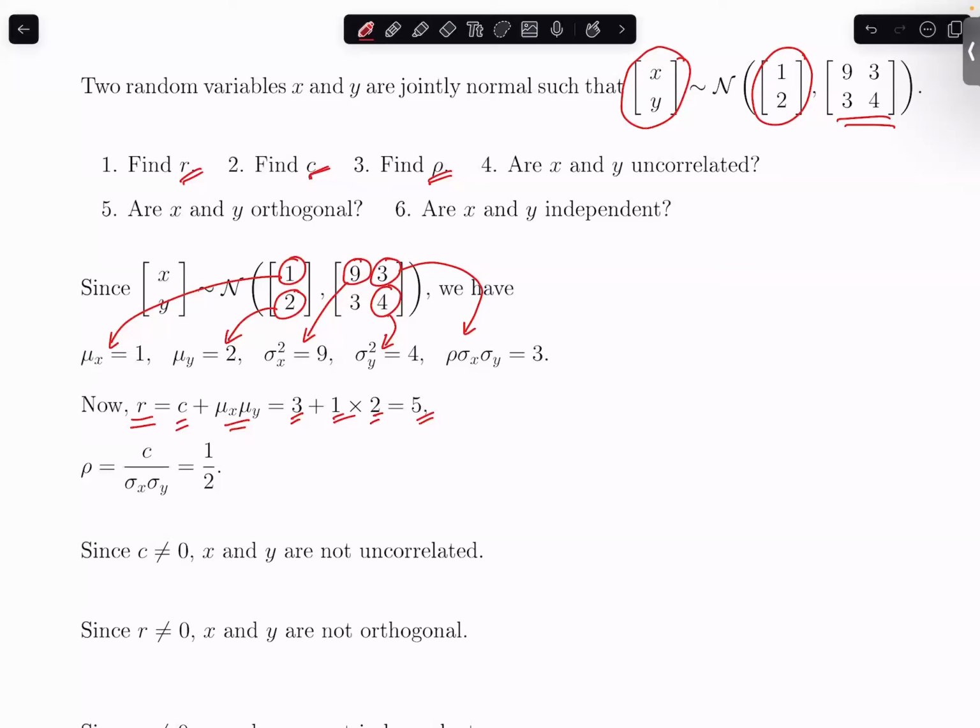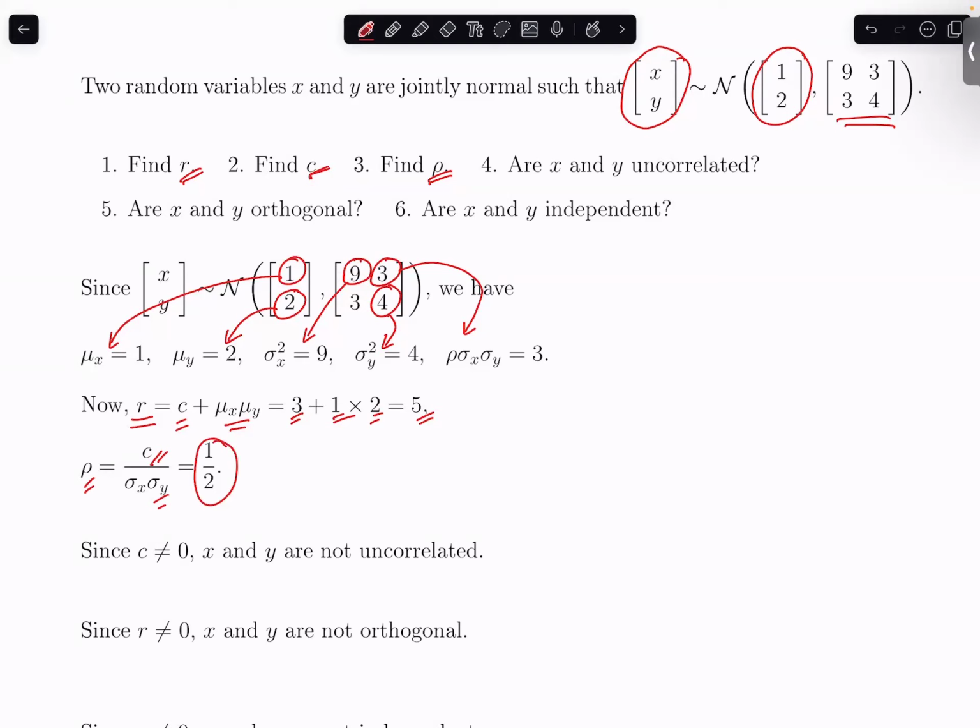Similarly, we also know that the correlation coefficient is given by covariance divided by sigma x, sigma y. And we already know what C is, and also sigma x and sigma y are known. So by plugging in those values, we get correlation coefficient of half.